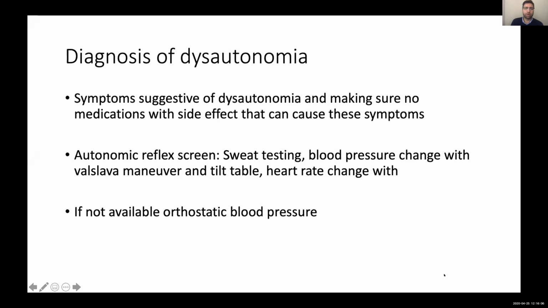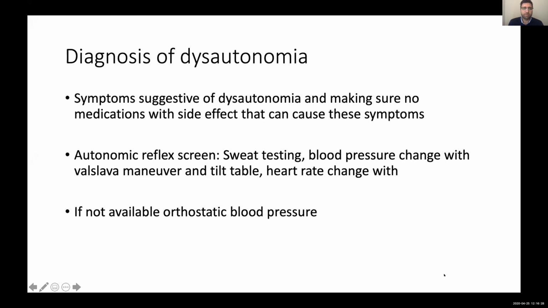For example, for patients taking medication that causes constipation, we need to look at that and maybe remove those before diagnosing dysautonomia. Some medications also cause a drop in blood pressure, and it's important to review the medication and adjust them before we diagnose dysautonomia.